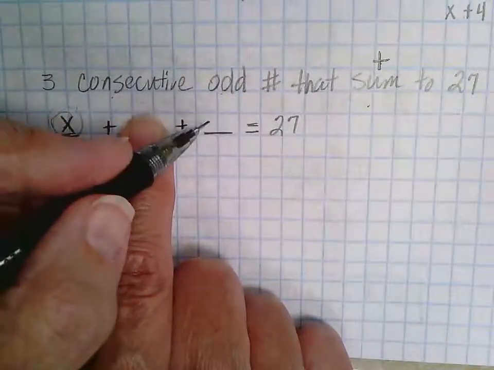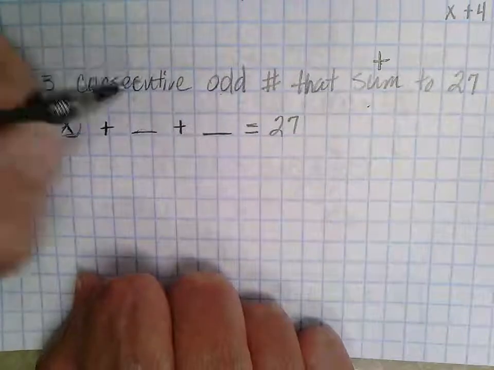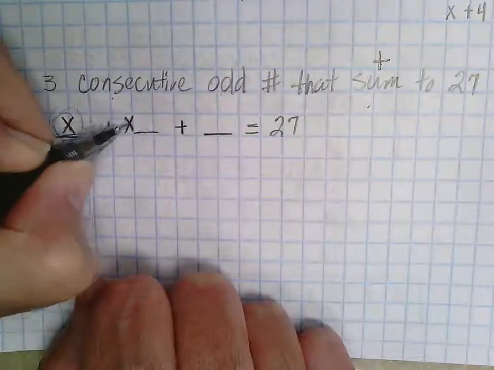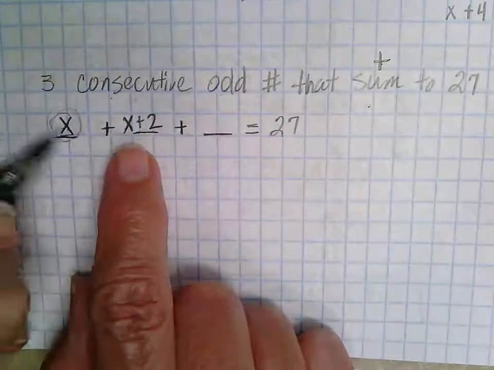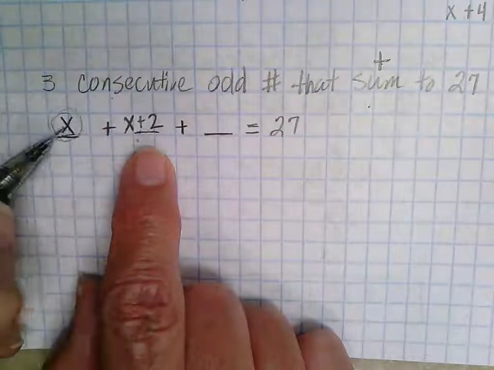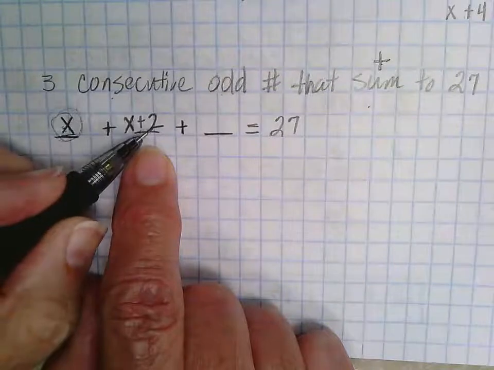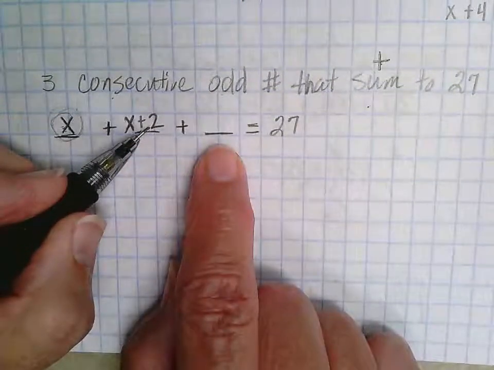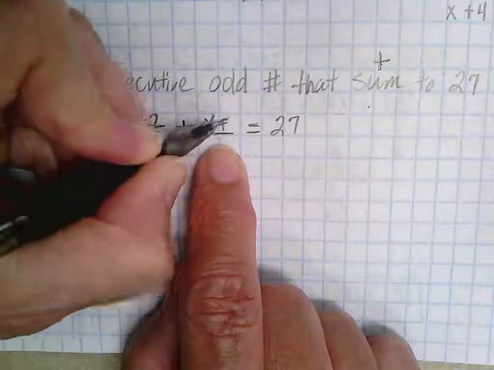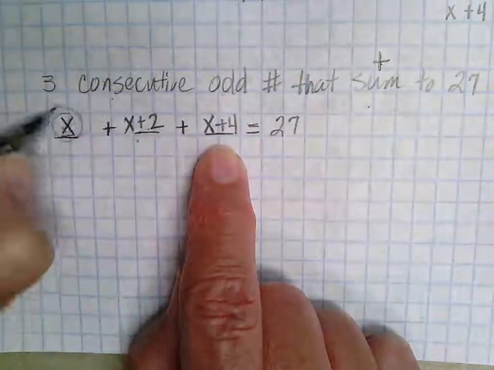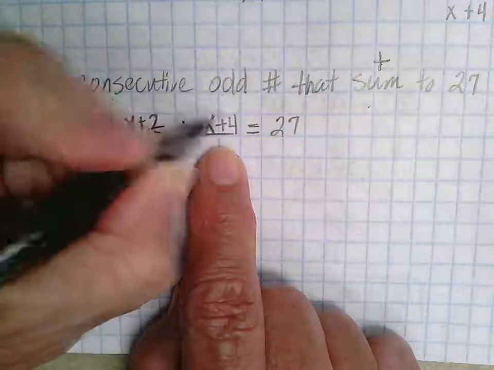So we're going right to x plus 2. Whatever this number is, it is my first number plus 2 more. This last number is going to be x plus 4. It's going to be this number plus 4 more.